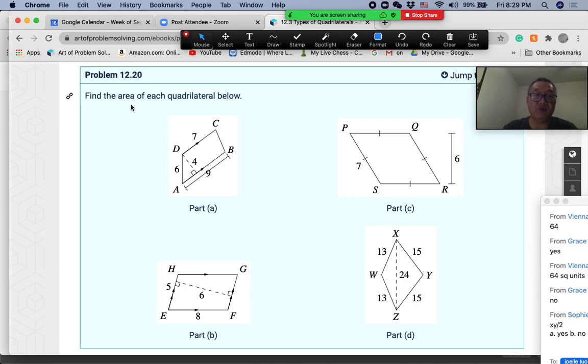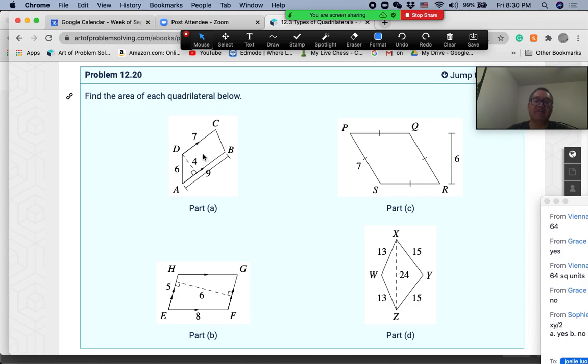So now let's see this example 12.20. In this one they ask you to find the area of each quadrilateral below. This one gives you AB, gives you CD. You have this side parallel with this side, so you can consider this a trapezoid, right?